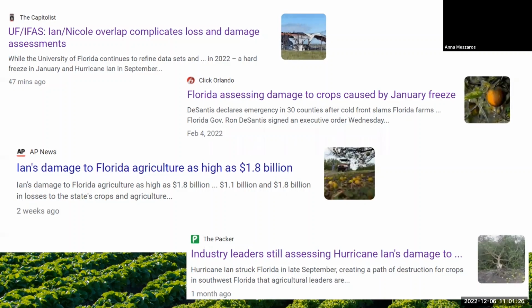These headlines go nationwide, and depending on what crop it is, sometimes worldwide. Sometimes these headlines get out ahead of FFVA and start speculating on what's going on, so our job is to say, yes, and here's the actual situation on the ground. You'll see The Packer, AP News, and Capitalist up here, but we've also got CNN, Fox, ABC, NBC. They're all coming to our communications team to figure out what's going on in the field.